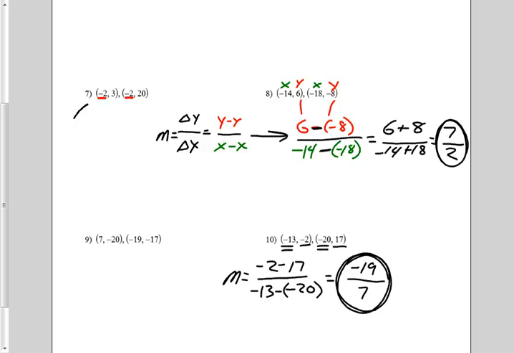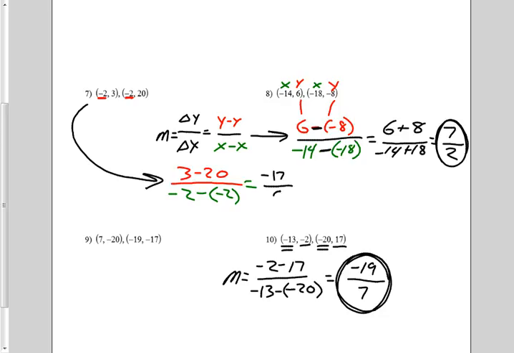We're going to do y minus y, so that's 3 minus 20 over, here's my x, negative 2 minus negative 2. And we can see that it's going to give me negative 17 over 0.